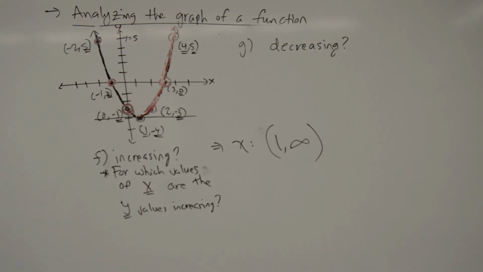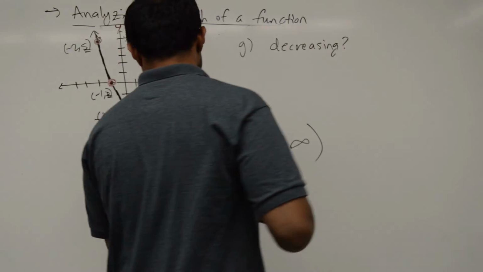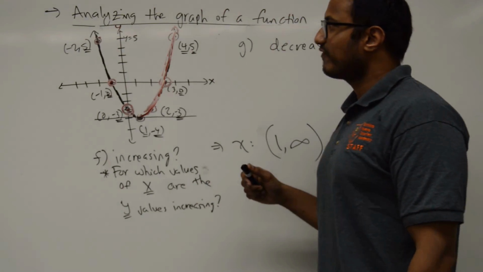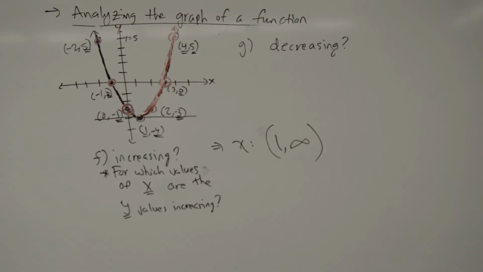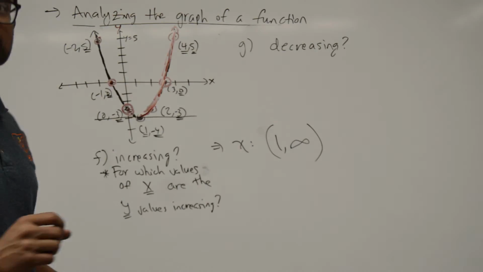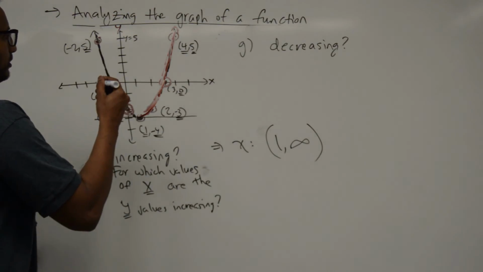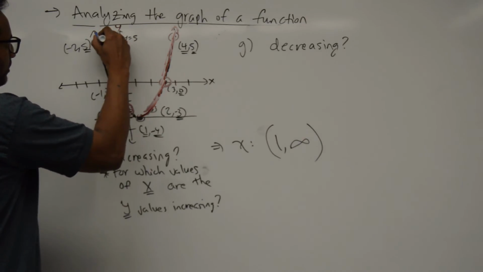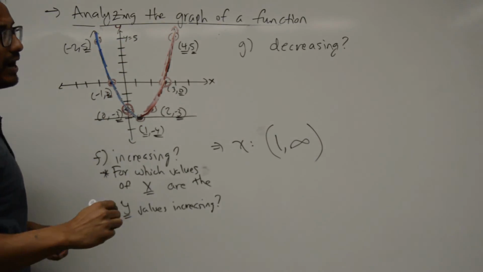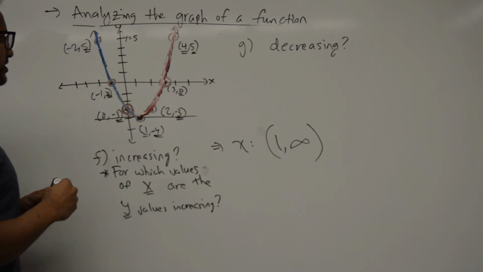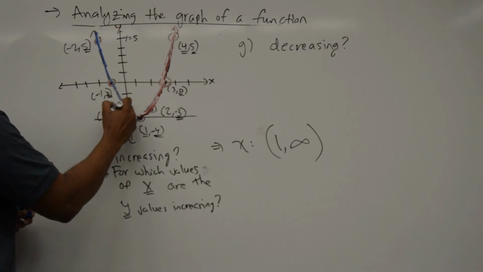Okay, so same thing. We want to ask ourselves, and I'm going to give you a second to think about this, where are the y values decreasing? And I want you to highlight that portion on your graph. Okay, so where are the values of x decreasing? Well, the values of y, sorry, are decreasing here in blue: 5, 0, -3.